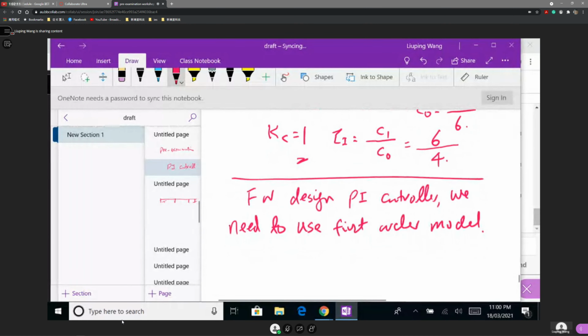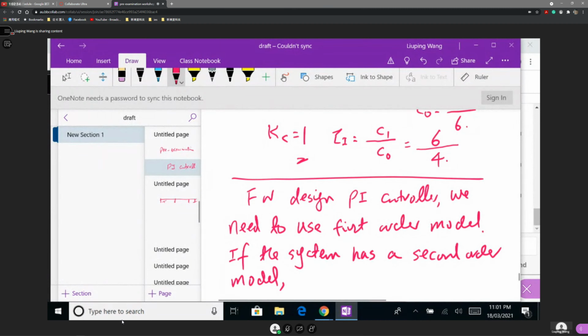All right. So if the system has a higher order model, second order system, second order model, then we will do model order reduction.